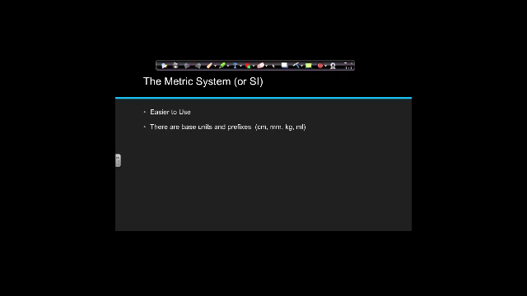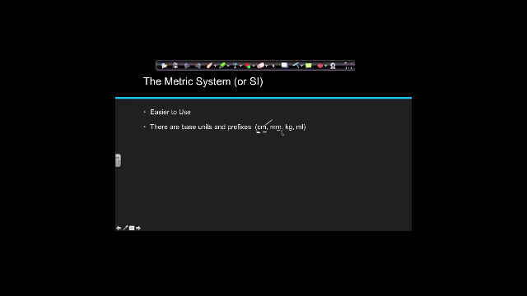There are base units and then prefixes. So examples of metric units would be a centimeter, a millimeter, a kilogram, a milliliter. And like I said, there's a base unit and a prefix. Your prefix is right here, centi, and then our base unit is the m, or the meter.